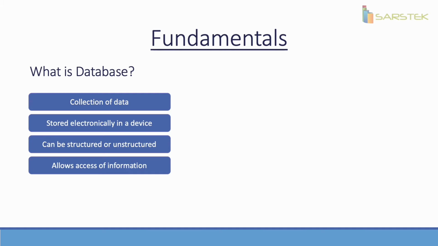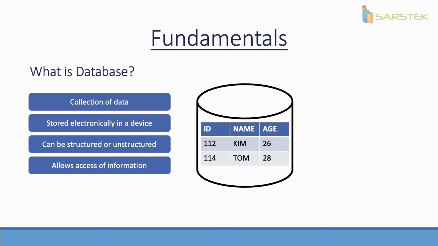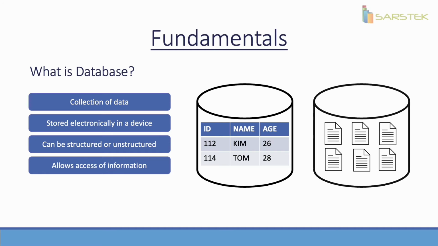We have had so many soccer World Cups, and if we can get some information out of that data, only then is it a database. So the database is giving us the information. This is an example of a structured database: it is in a tabular format, so we can easily understand the information. In the unstructured database we will keep the documents.